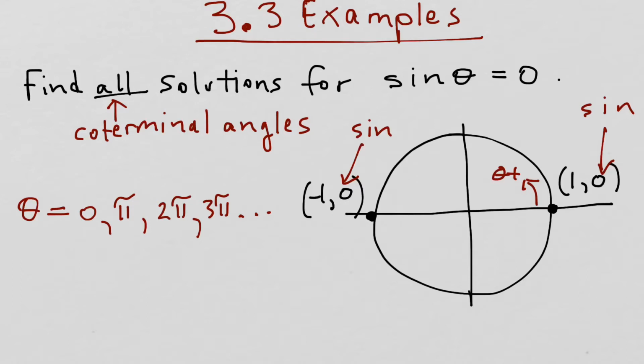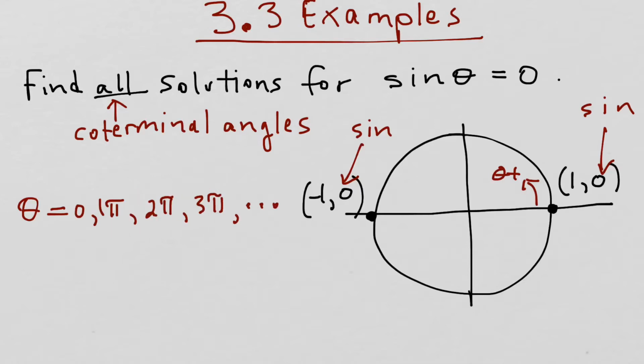Now, remember that you could also be going in the negative direction. So you technically are going to have either the plus or the minus of all of these values of theta, and these are going to be coterminal angles. Let's not make this too messy. Let's just say we know that it can be plus or minus, and let's write it with a plus for illustration purposes.